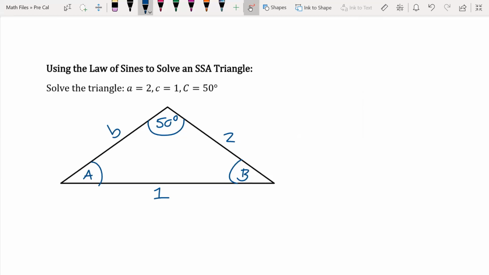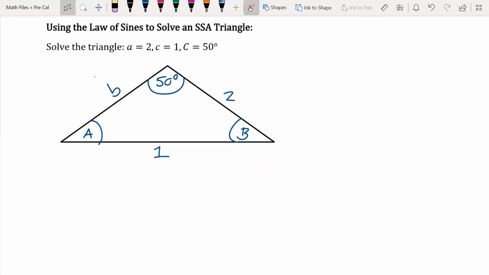Okay. So we are given enough information to go ahead and solve for angle A, since we know angle C and side C. So let's go ahead and start with that.